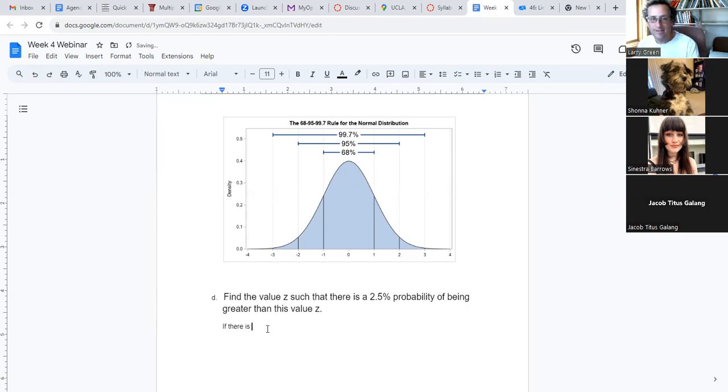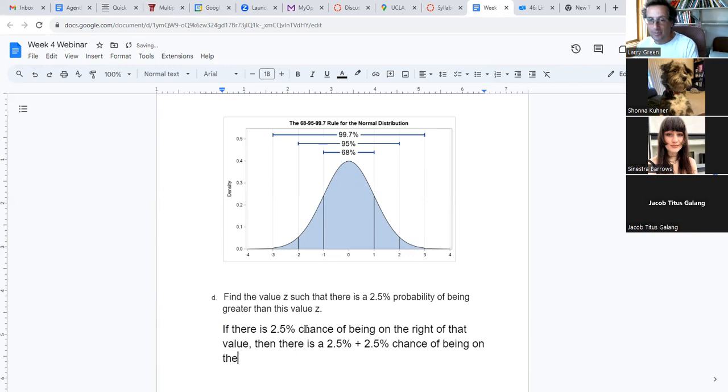So if there is a 2.5% chance of being on the right of that value, then there is a, well, we can go 2.5% plus 2.5% chance of being on the right of that value, or on the left of negative that value.